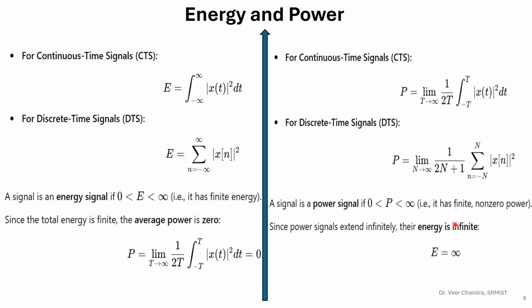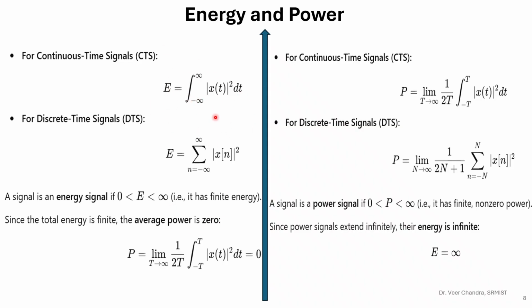If power is finite, that is called a power signal, and in that case energy will be infinite. So very simple: if power is finite, that is called a power signal, and if energy is finite, that is called an energy signal. And how to calculate energy and power for any x of t?